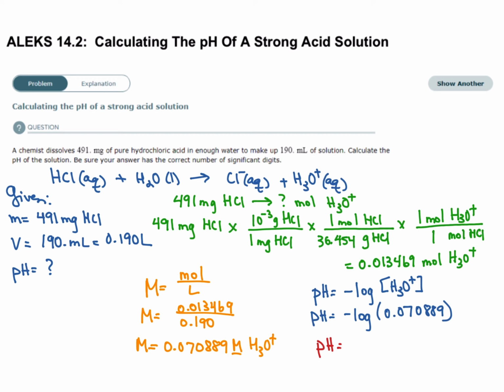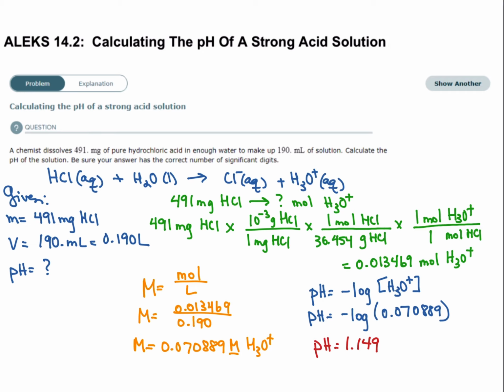So the concentration's significant figures will dictate the decimal places of the pH. So take a look at my given information. The concentration of H3O+ should have been to 3 significant figures. So 3 significant figures in concentration means 3 decimal places in pH. So my final pH is 1.149.